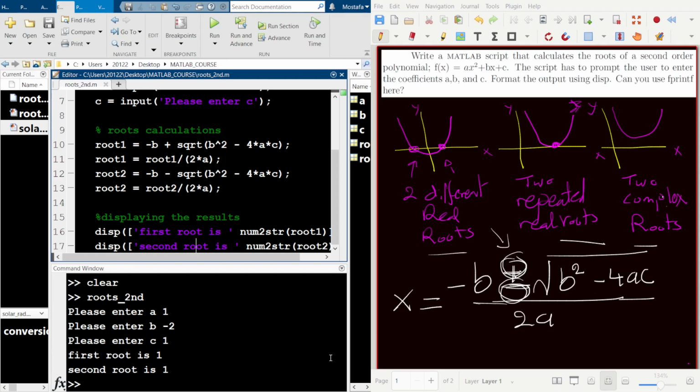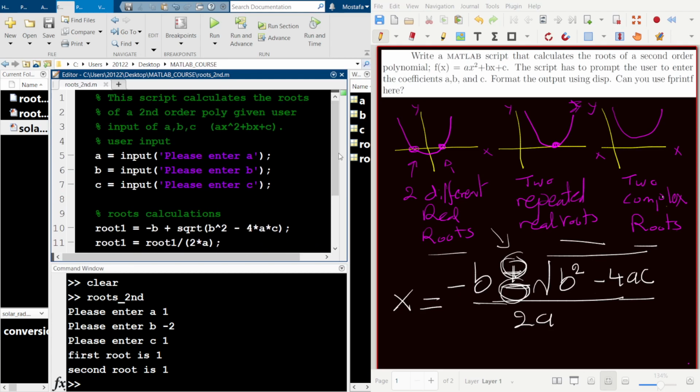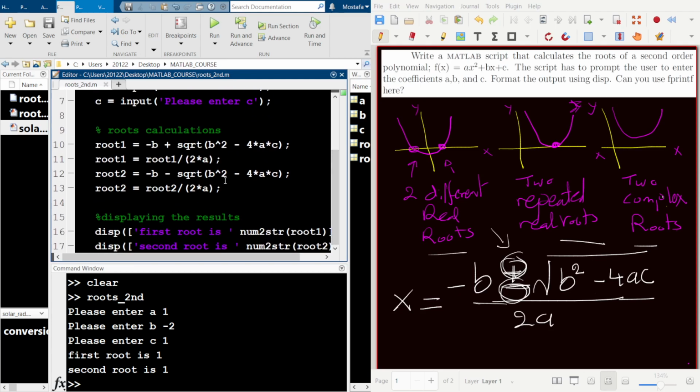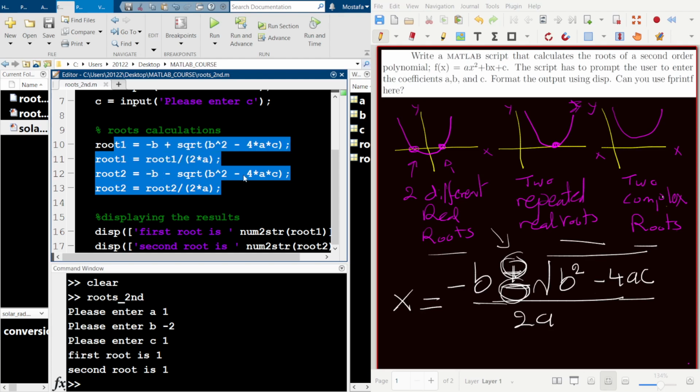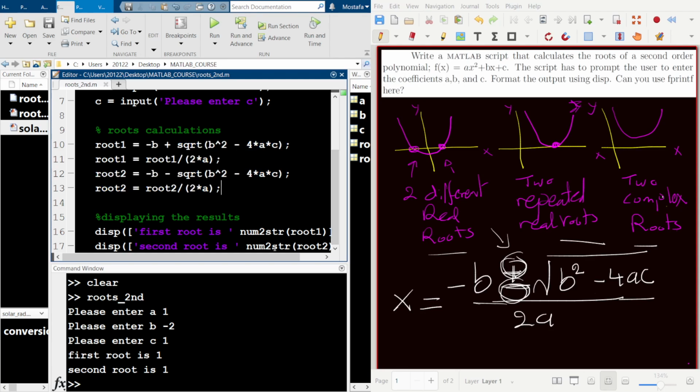So in summary, we had an exercise that allowed us to practice basic input and output in MATLAB. It also allowed us to practice some arithmetic precedence or hierarchy ideas, and eventually it allowed us to calculate something useful.